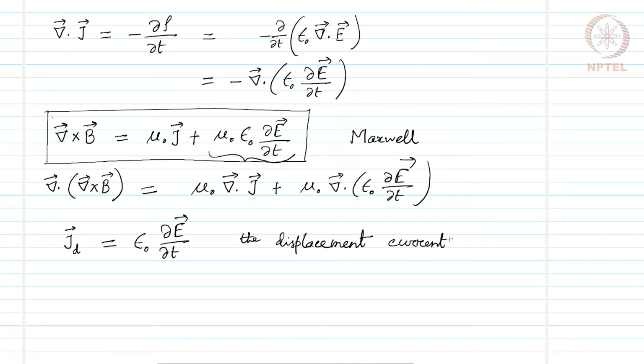After adding this term to Ampere's law, the equations relevant to electromagnetism get modified, and all 4 equations are now called Maxwell's equations. Let us write them down.